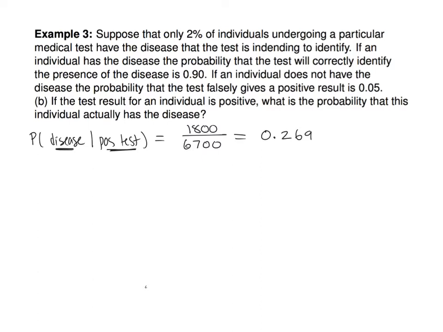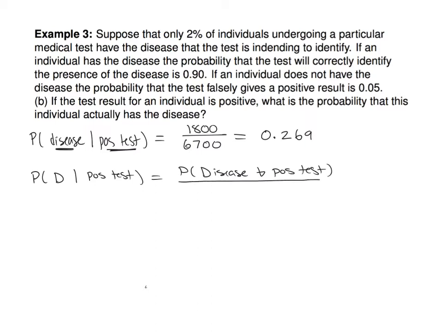If you use the tree, you've got to do it like this. Probability of disease and positive test divided by probability of positive test.